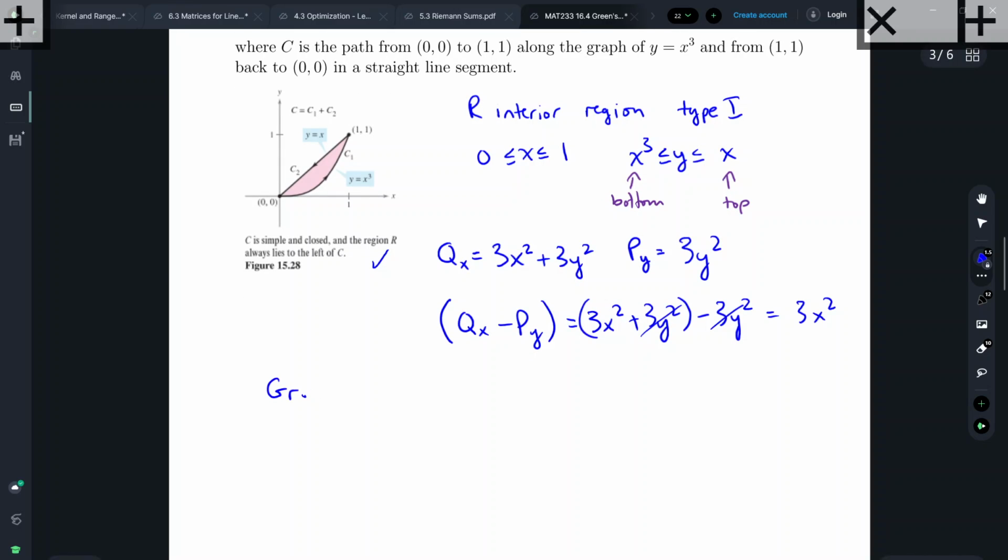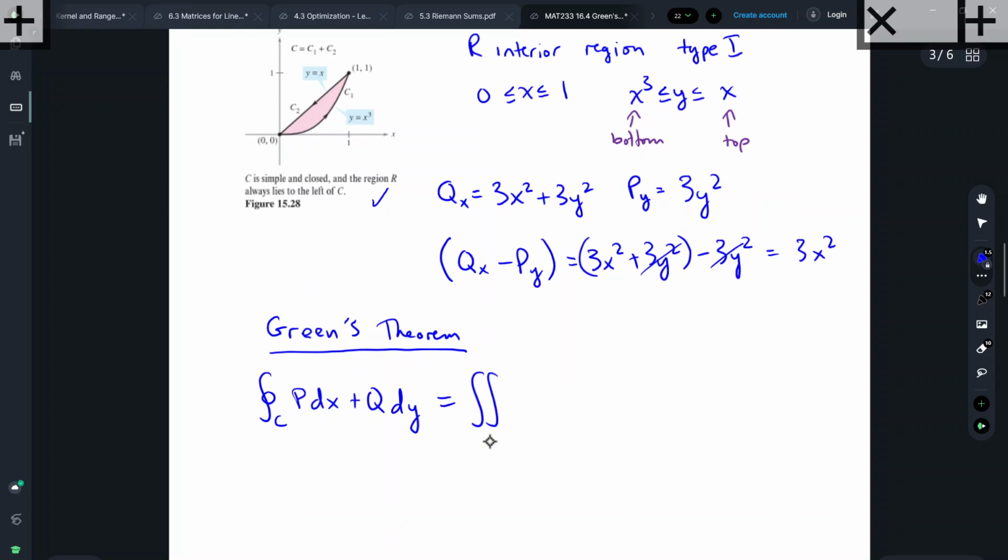Okay, so now everything is set up. We're ready to apply Green's theorem. So the basic idea again is instead of calculating this line integral, Green's theorem says that it should be equal to the double integral over the region R of the partial of Q with respect to x minus the partial of P with respect to y.